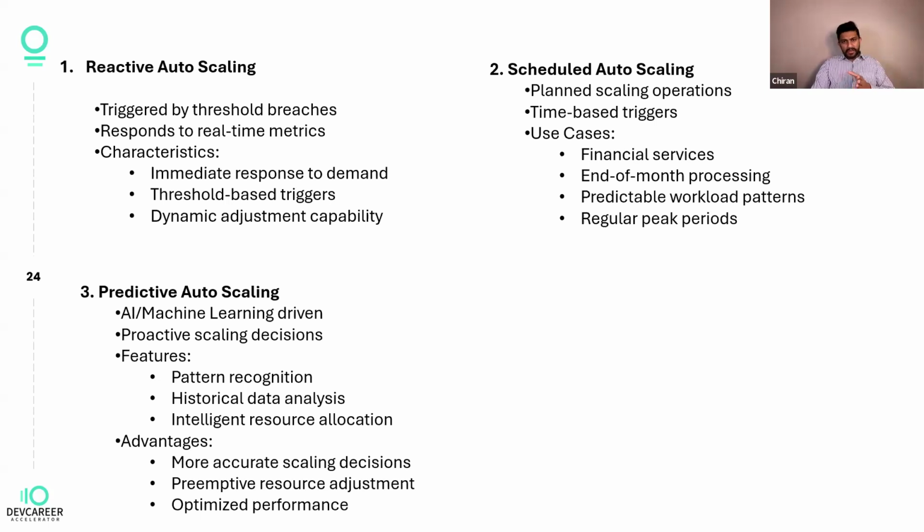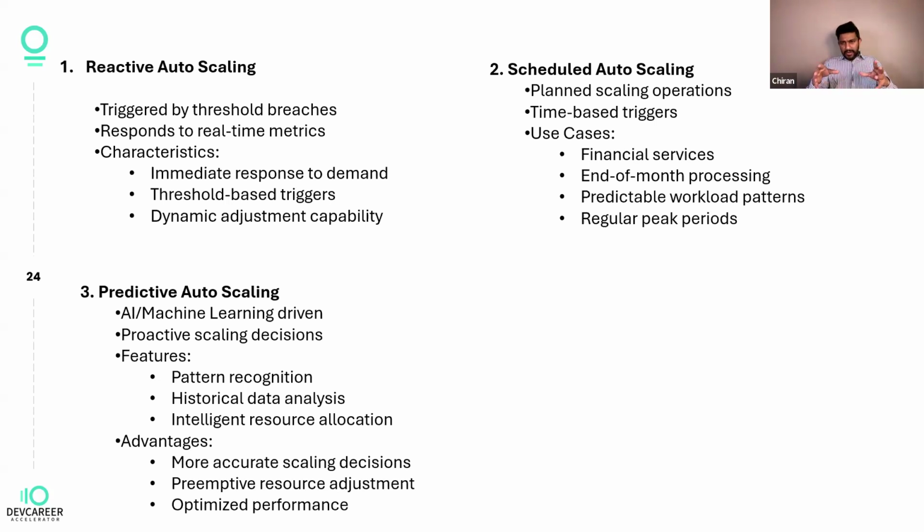Another concept is scheduled auto scaling, which is just planned auto scaling. You plan the auto scaling based on the time, based on the season, or the use cases. Because on Monday morning, you can schedule to scale up your services or your VMs or the pods, because over the weekend you schedule to scale them down.